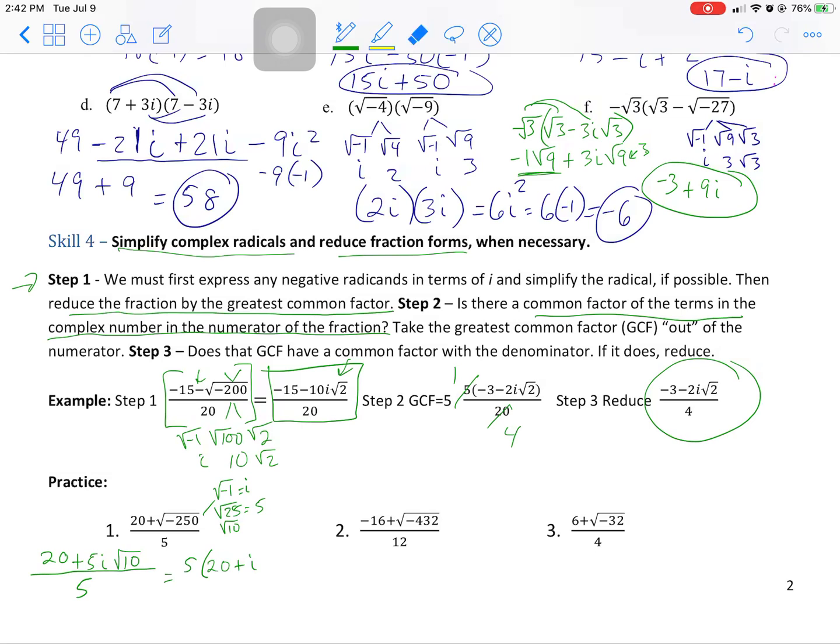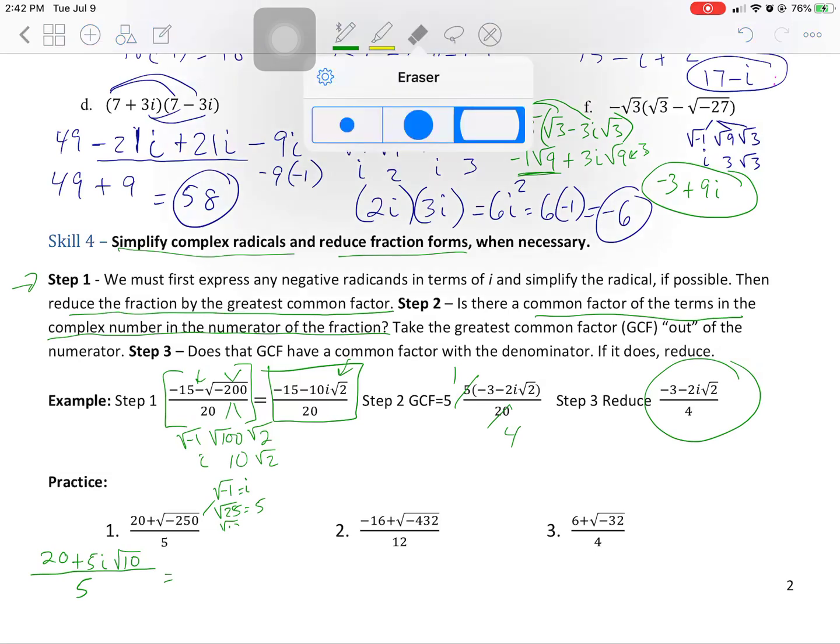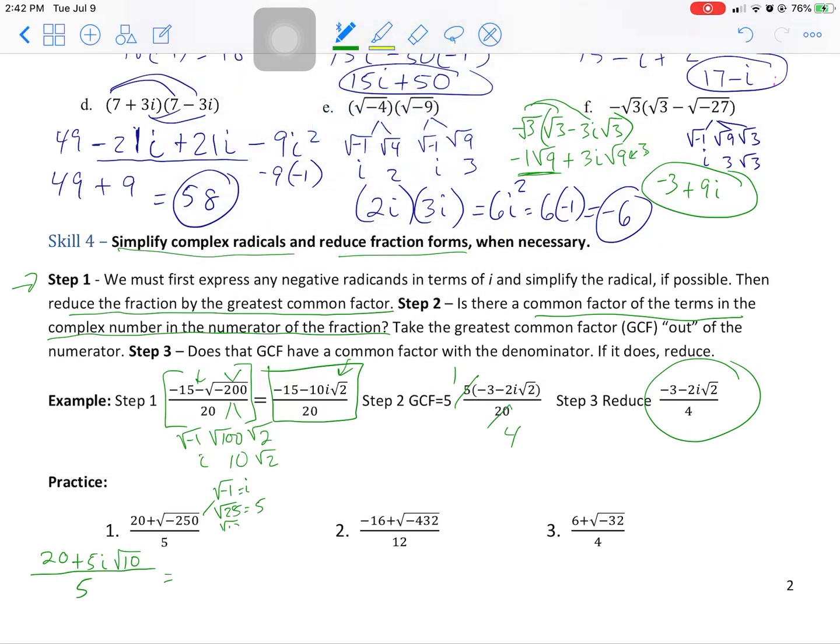Oops, it's not a 20 anymore. Hang on. That was a 10. Okay, so 5 out of 10 is 2 plus 5i square root of 10. Do not take it out of the radical. Okay, over 5. I forgot to take it out of the 5 too.